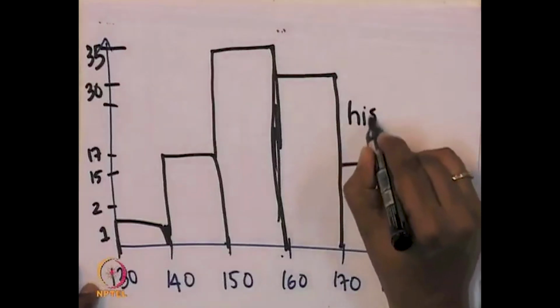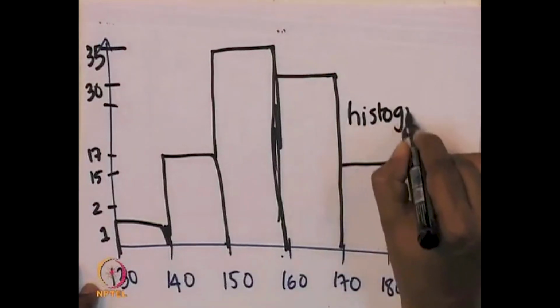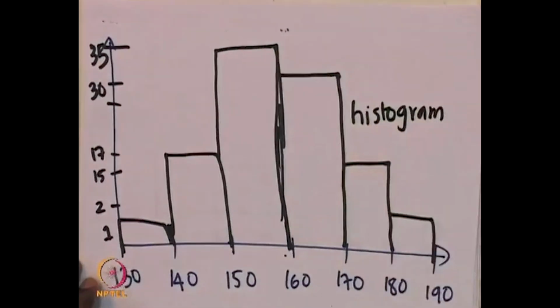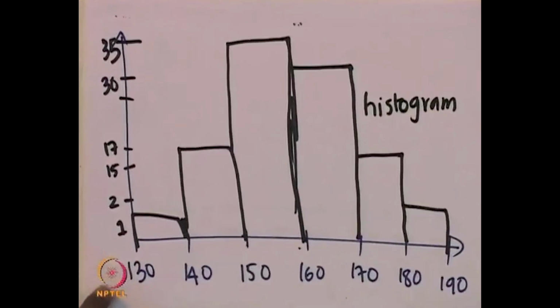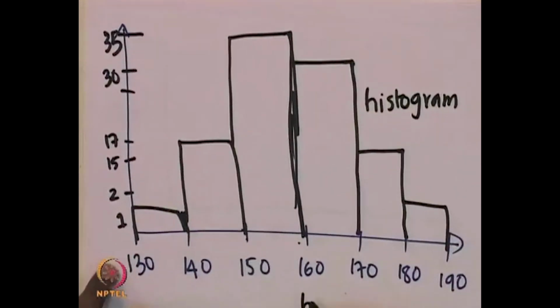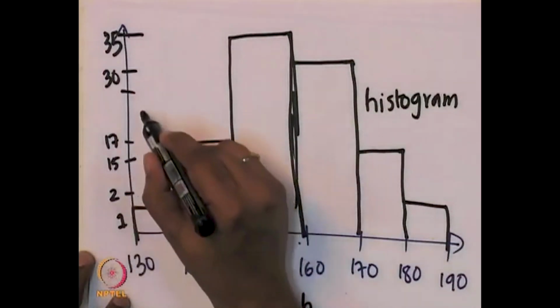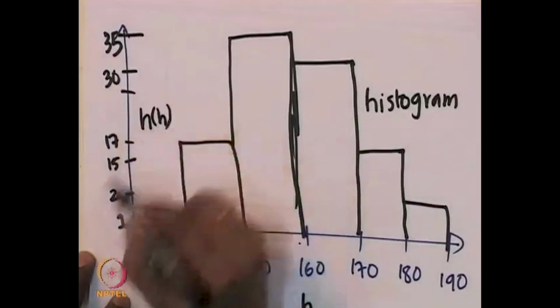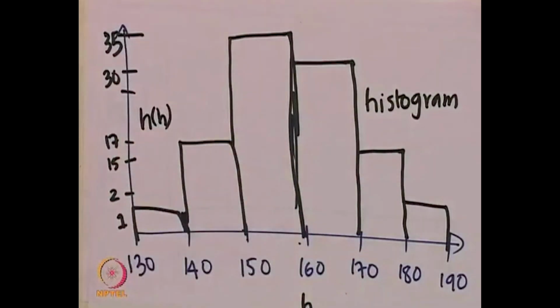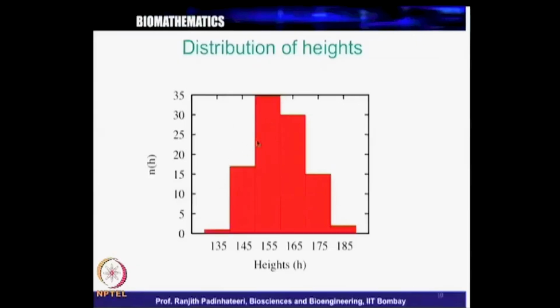This is the distribution: the height in a particular range, and the number of students having that height. Exactly what we just drew is plotted here.